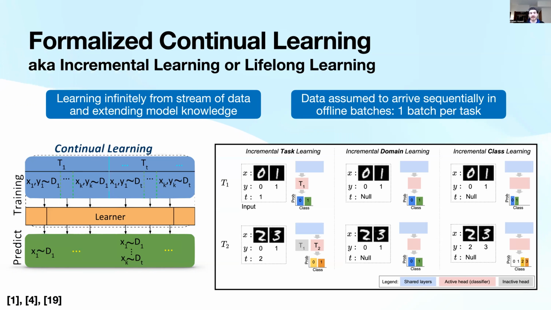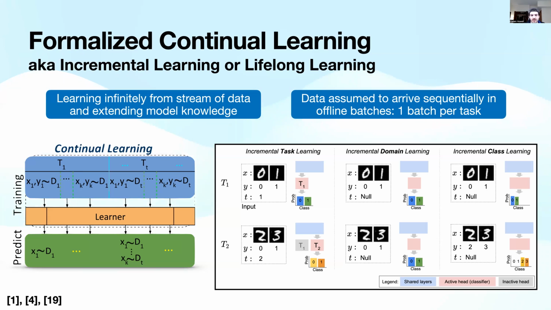Now, there's three subcategories of continual learning: incremental task learning, incremental domain learning, and incremental class learning. A lot of the methods in the continual learning space for connectionist networks are in the incremental task setting.